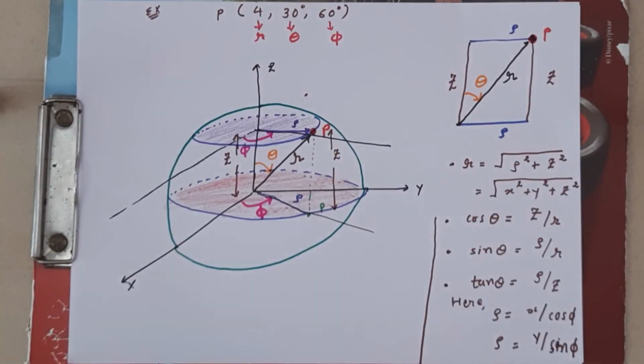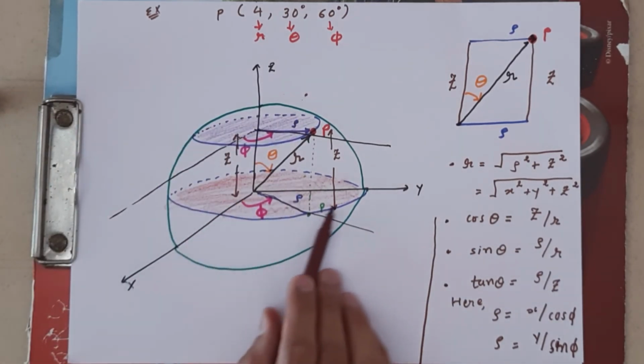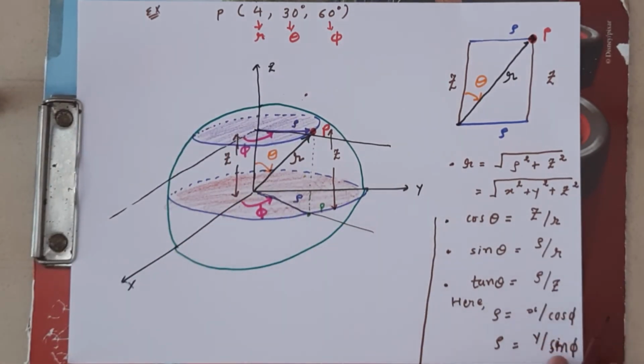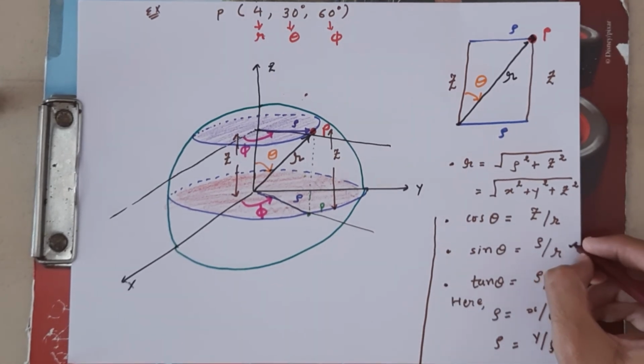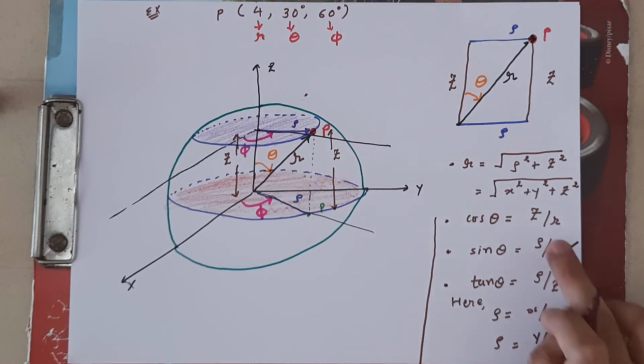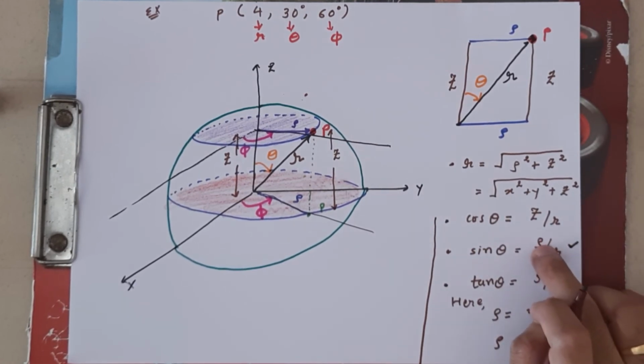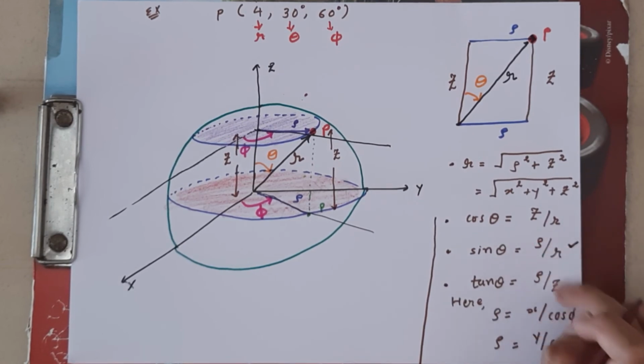Why? Because here this one is also a rho. If we apply the same trigonometry for this circle, we will get this equation. So I have to just put those values in this equation. First of all, put rho is equal to x by cos phi.